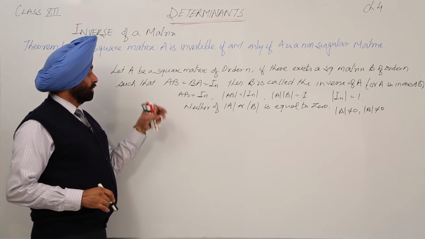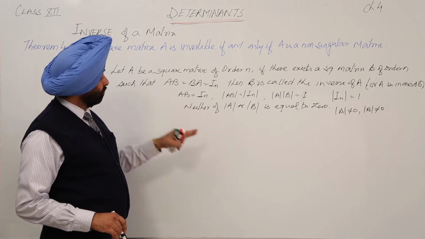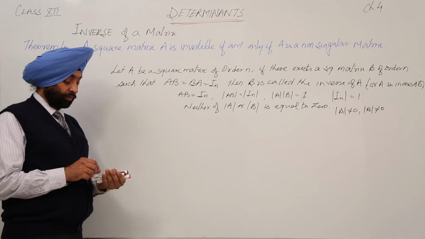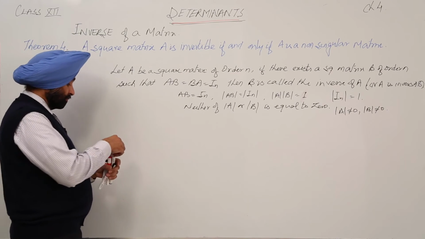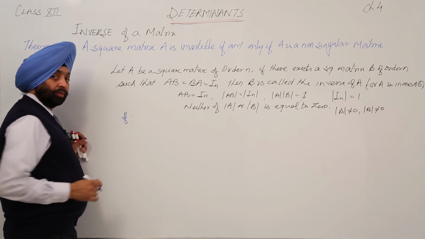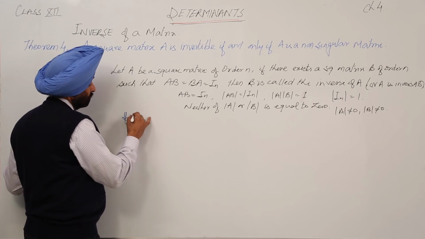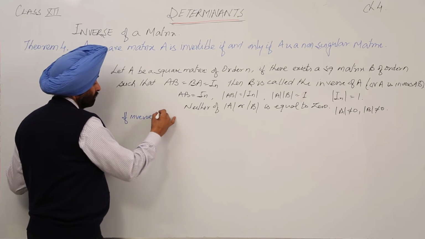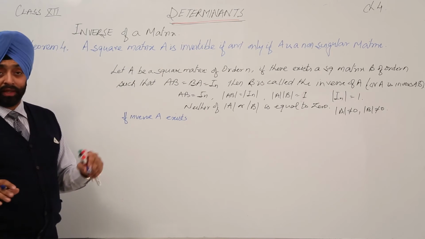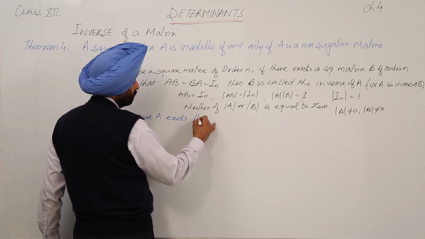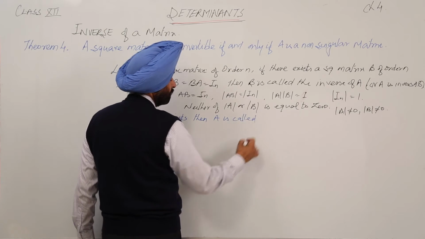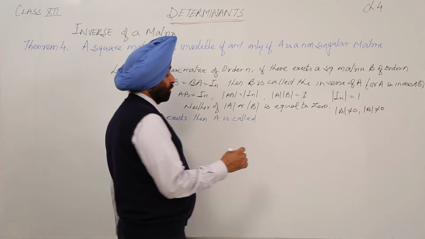This part of the determinant property we have already done in the last chapter. Now the second important thing: if inverse of A exists, then A is called an invertible matrix.